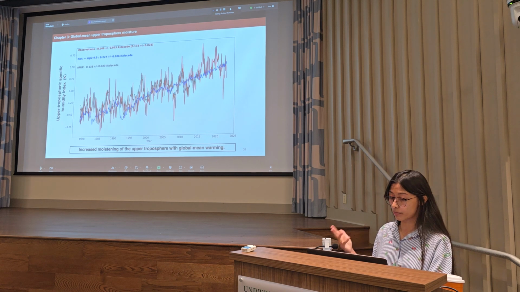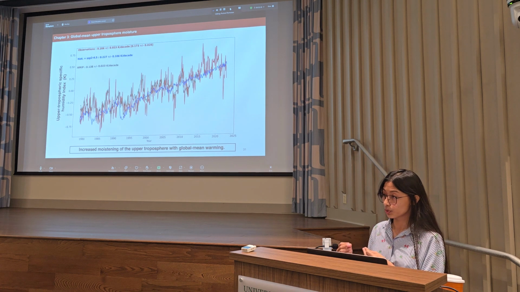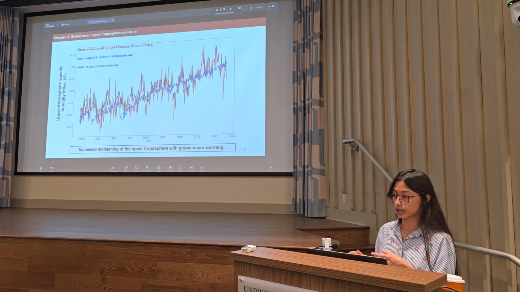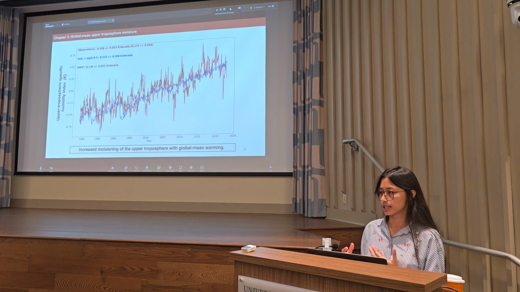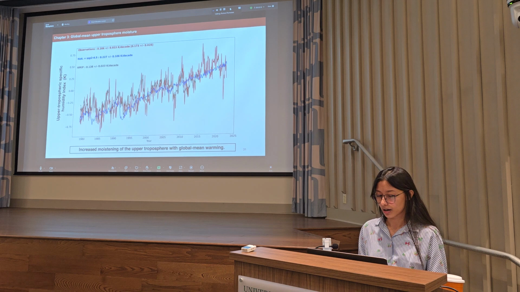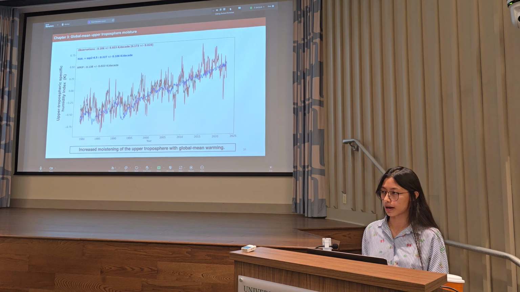Thus, with a warming world, there has been an increase in upper tropospheric moisture, consistent with how we understand moisture to increase, or in accordance with the theories that have been established in past studies.